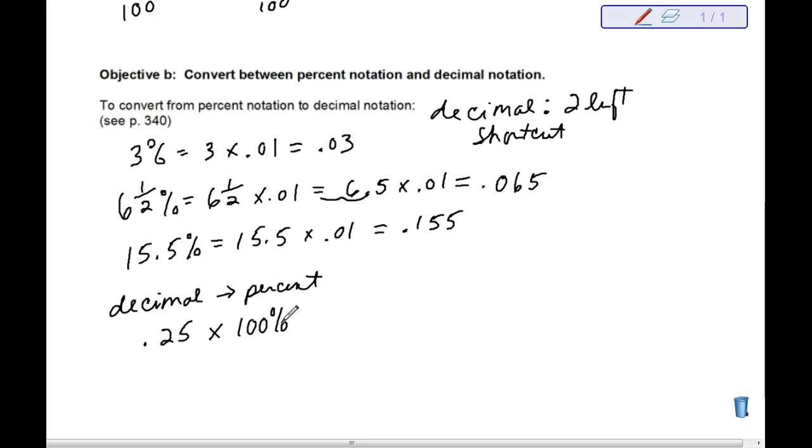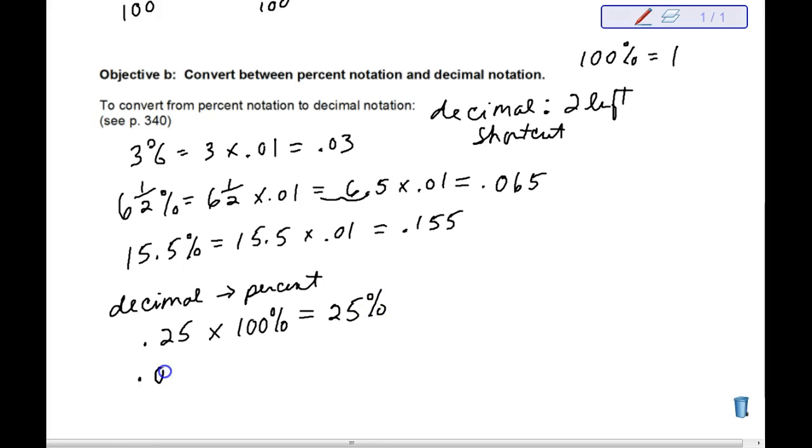It's one whole thing. So multiplying something by 100% is the same as multiplying it by 1, because if I convert 100% to its decimal form, I'd move my decimal 2 spots to the left, I'd get 1. So if I take 0.25 and multiply it by 100%, I'd get 25%.